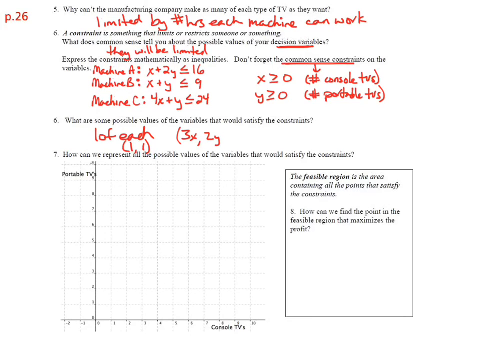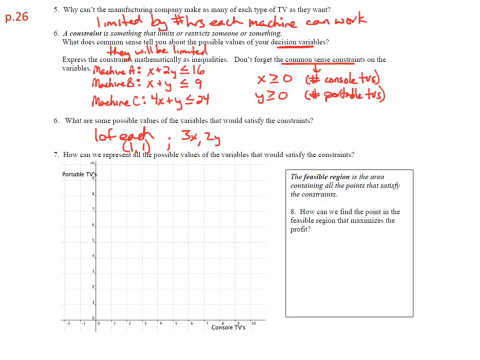If we went back to plug that in, would that work? So 3 x's and 2 y's, so 3 consoles and 2 portables. We could sit here and work through using each of our constraints, saying do these values work with everything?